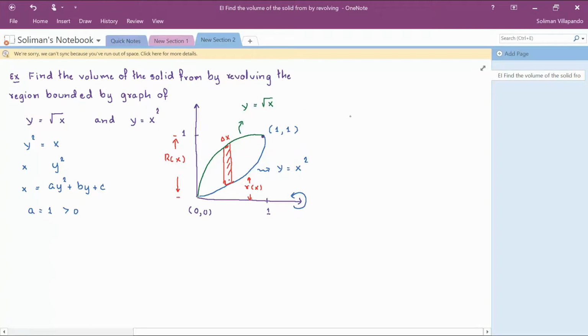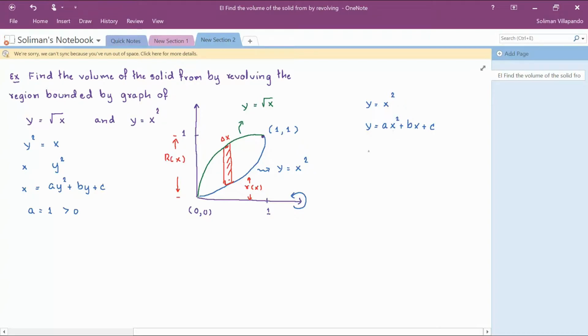Now let's look at the second one here. y equals x squared. This is also a parabola. y equals a x squared plus b x plus c.